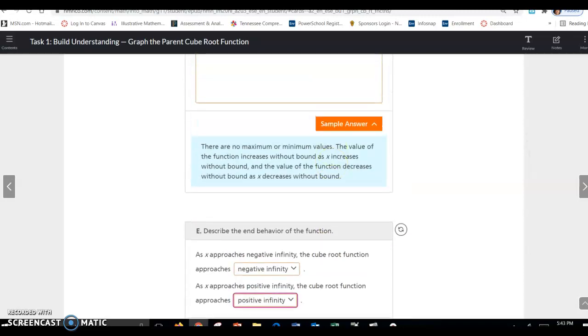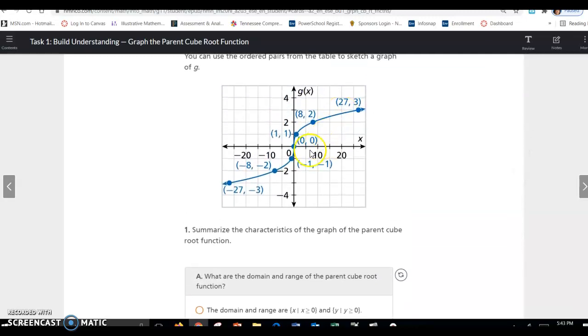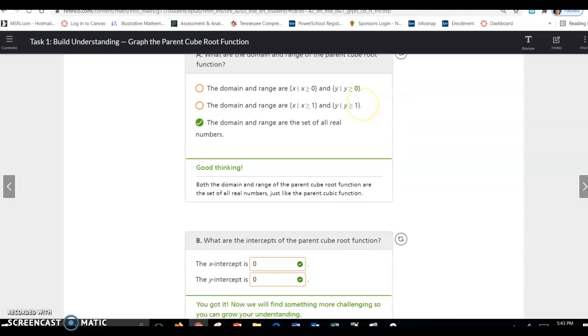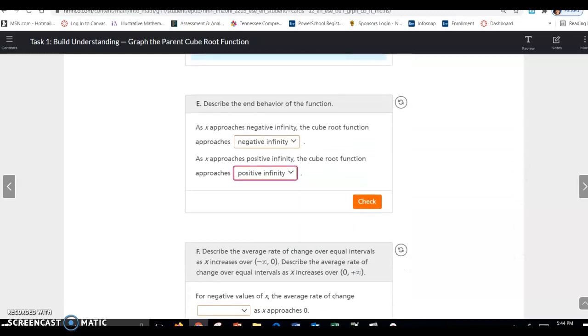You can see that looking at the graph too. As x goes negative, the y value approaches negative infinity too, because it's going down without bound. And here as x goes positive, your y's are also going positive, in the positive direction without bound.